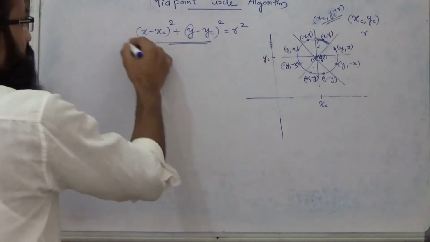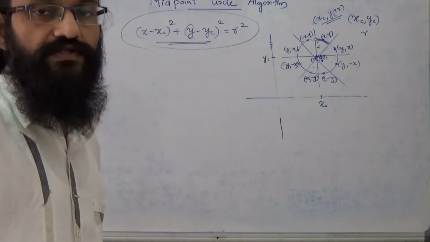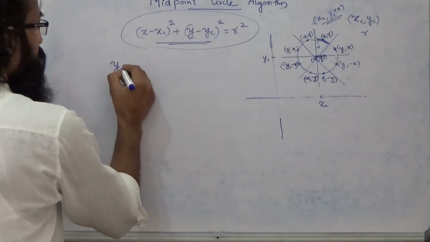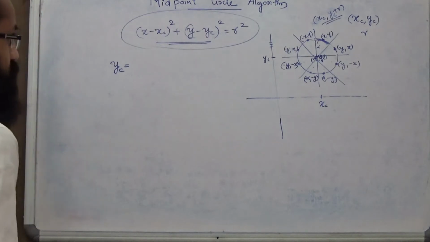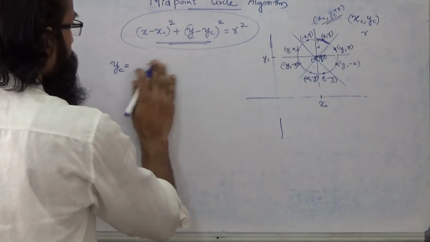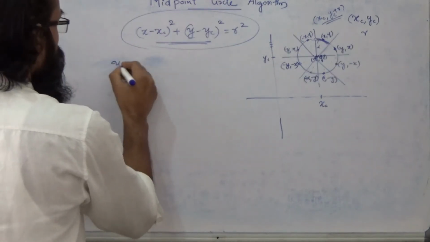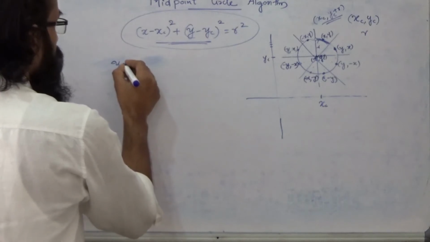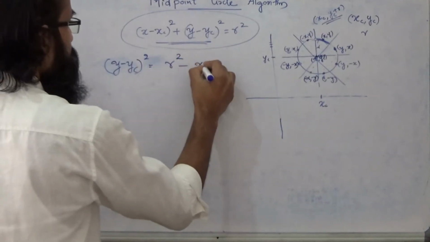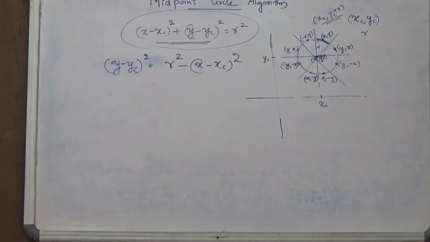Now why can't you use this Cartesian coordinate equation, based on the Pythagorean theorem, to determine the y value? You can use this equation. From this equation you can write y minus yc the whole square is equal to r square minus x minus xc the whole square.